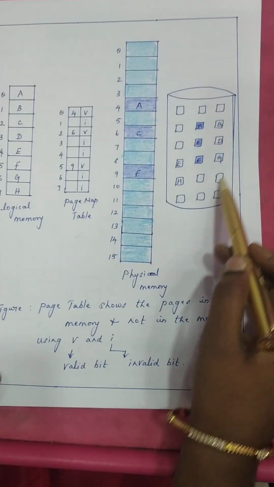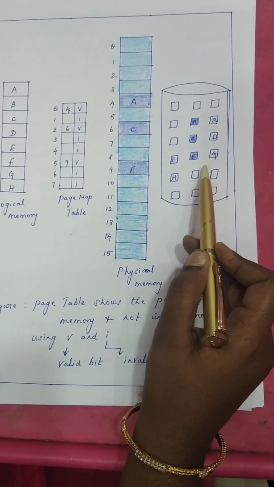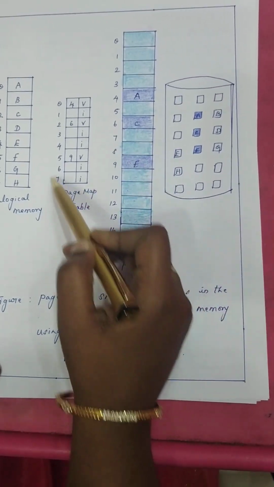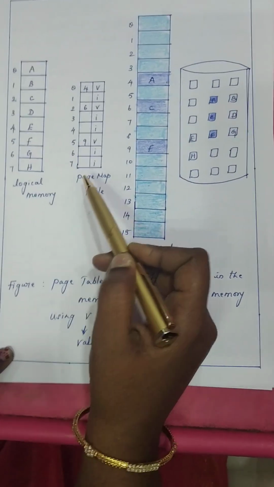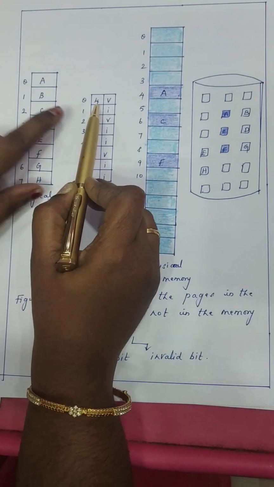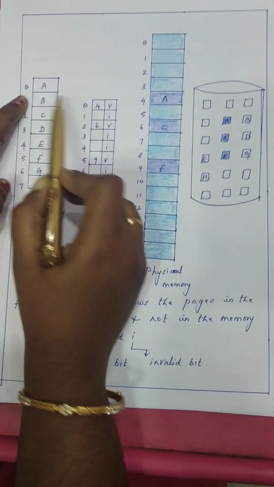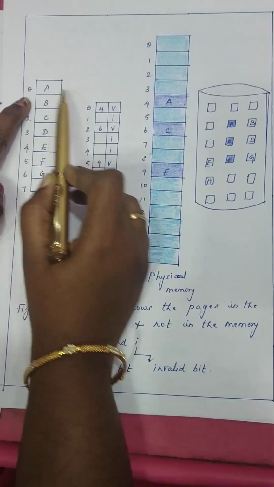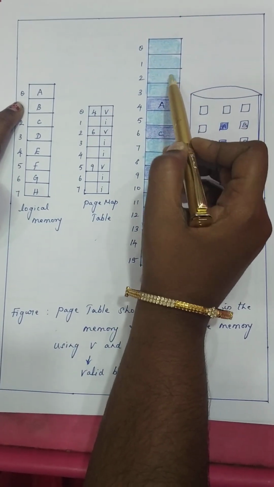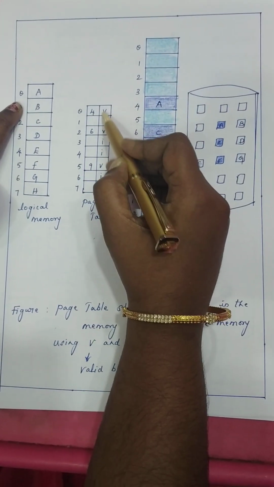All these reside in the disk and you are going to swap them into the physical memory, and this is done using the page map table. Page 0 is in the 4th frame, so page 0 has the content A and this A will be in the 4th frame, which is a valid one.